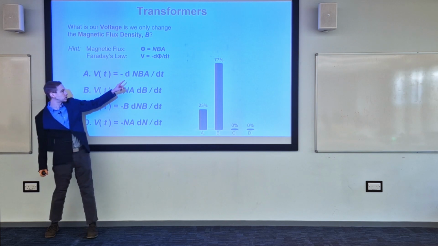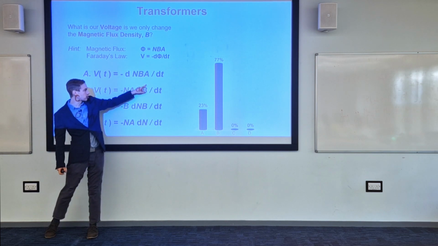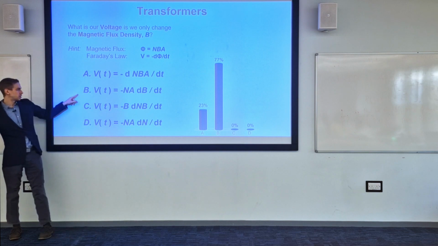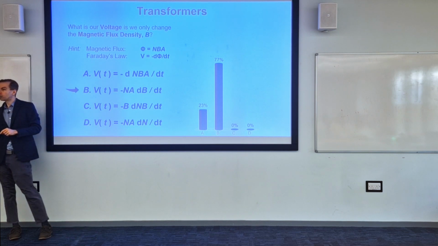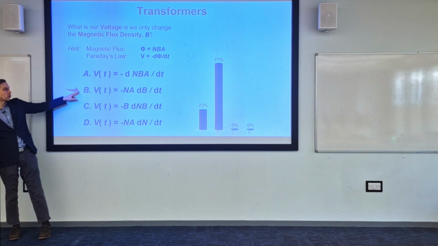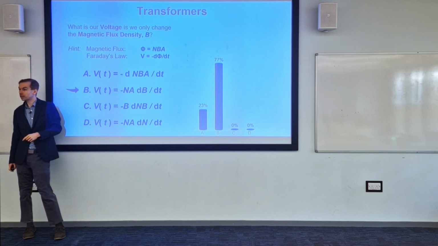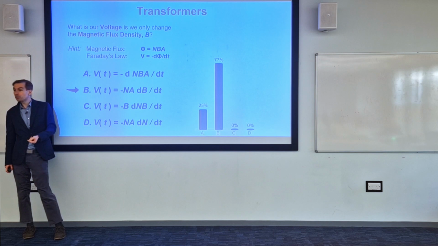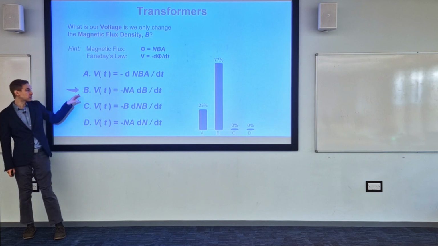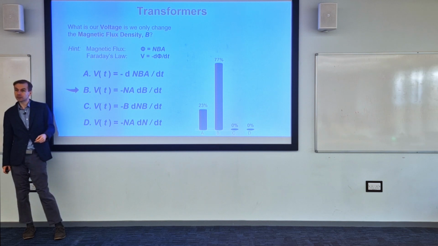The only thing we're changing is the B over here. So what that actually gives us is this equation over here, option B. That's what we get if we're only changing the magnetic field intensity. Okay, so very well done, everybody who gave that question a go. This is what the voltage is in the transformer if we're just changing the magnetic field.